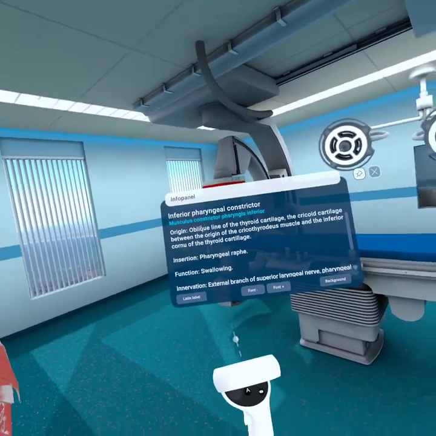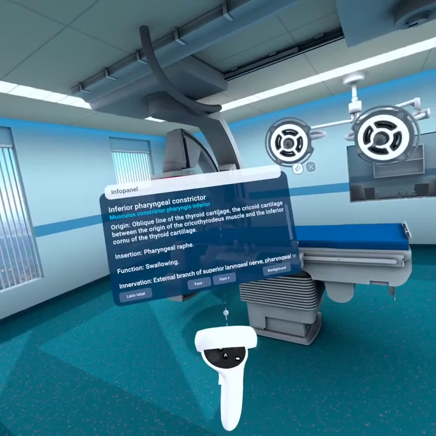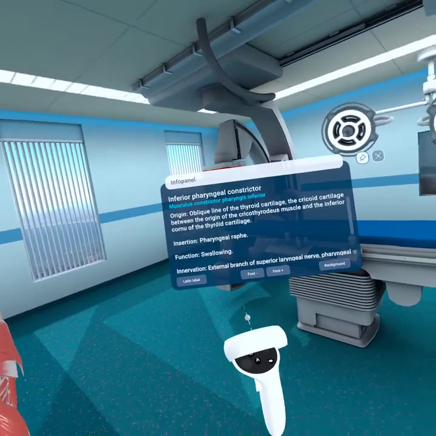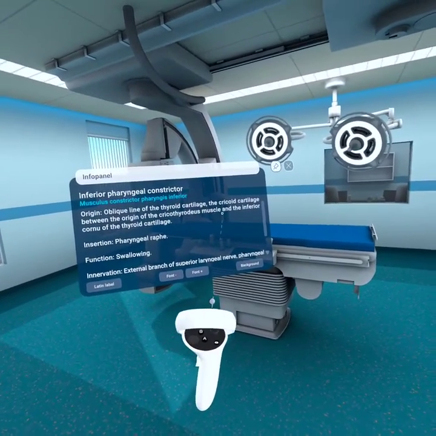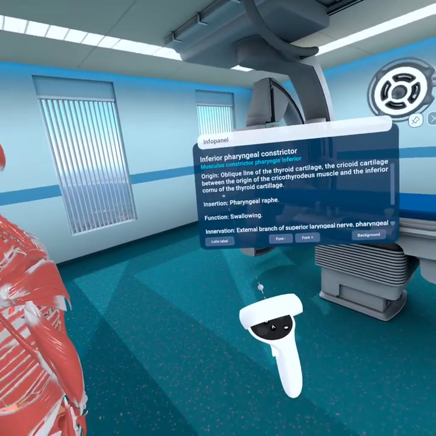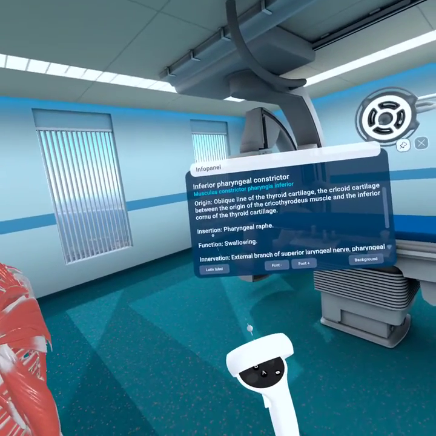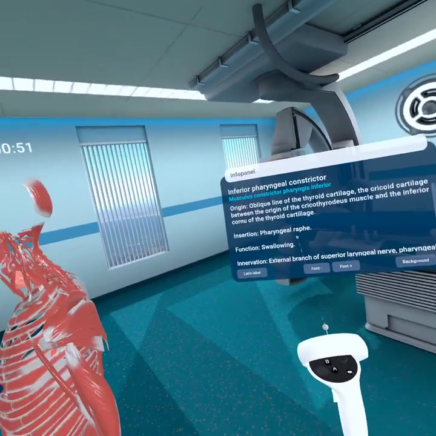Now, it originates from the oblique line of the thyroid cartilage and the cricoid cartilage, between the origin of the cricothyroid muscle and the inferior horn. Then it inserts in the pharyngeal raphe.